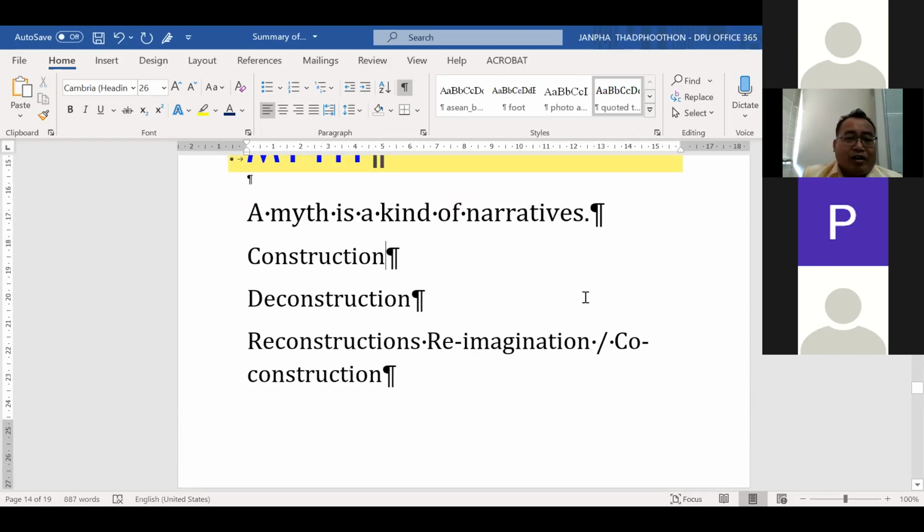So what do we mean by construction of a myth? A myth is constructed for various purposes.